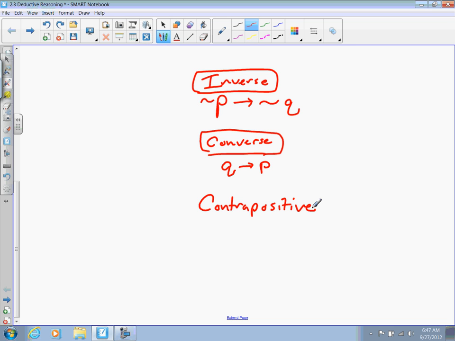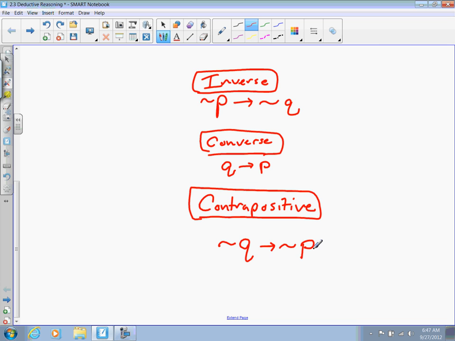So the contrapositive is going to look like what? The contrapositive was where we flipped the hypothesis and conclusion and negated it. It's both the inverse and the converse. So it starts off if the conclusion didn't happen, that implies that the hypothesis didn't happen.